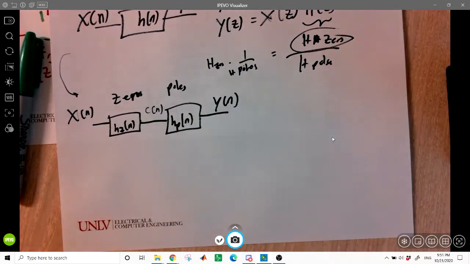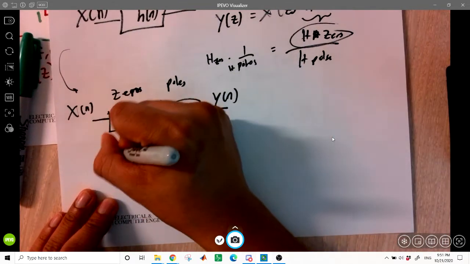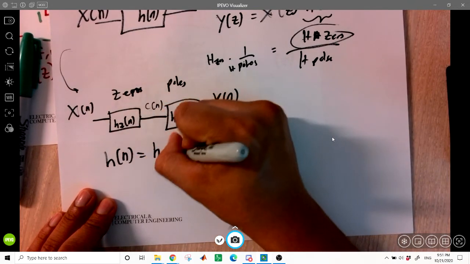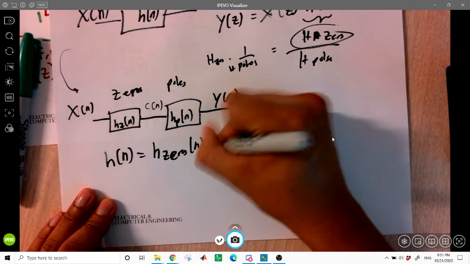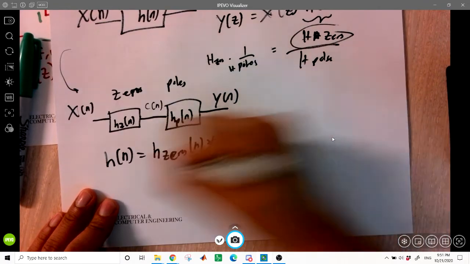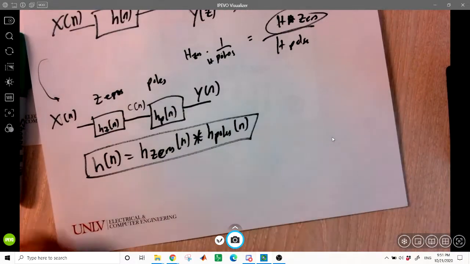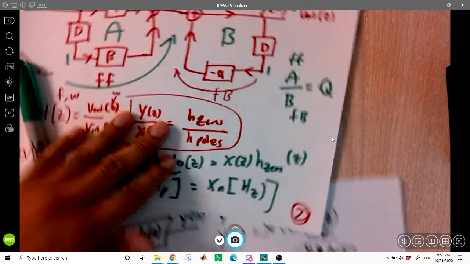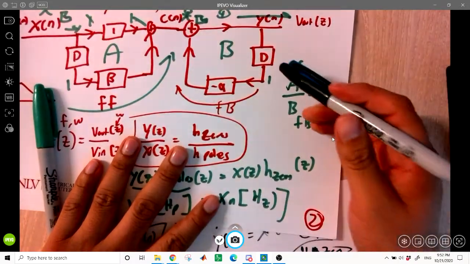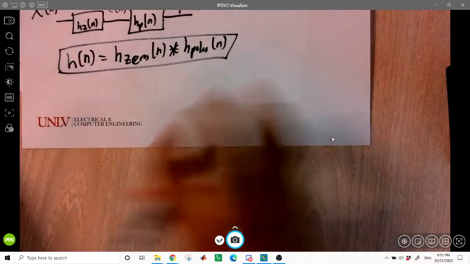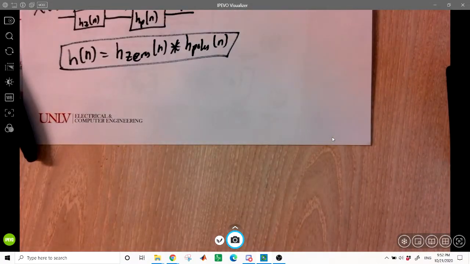What I'm trying to get to you is, we can find our impulse response as zeros of n convolved with the poles. This right here is going to really help you solve some complex systems. Instead of solving for this crazy system, how do you find h of n? You can literally just solve for this, and we'll show you a couple techniques on how to approach this.